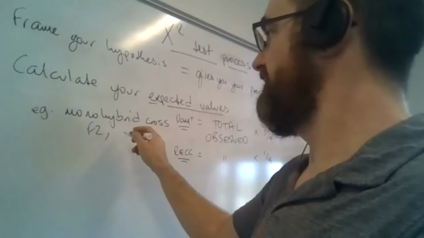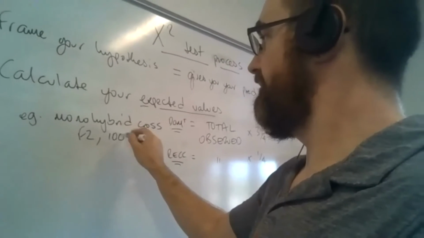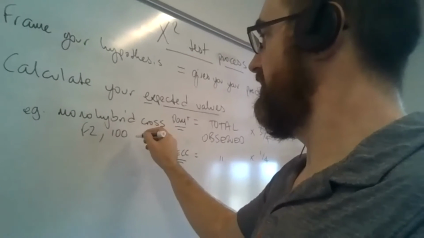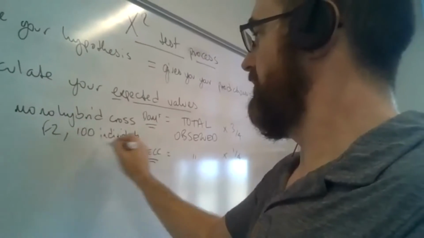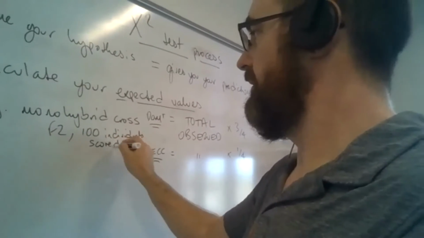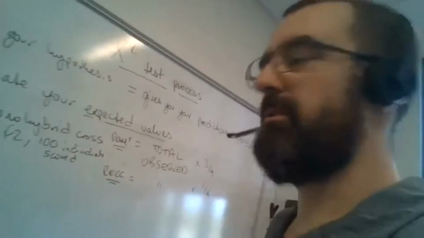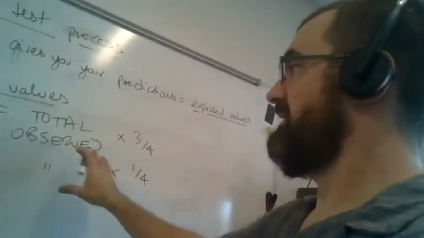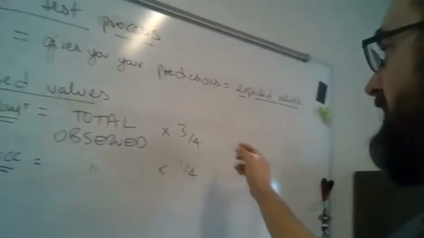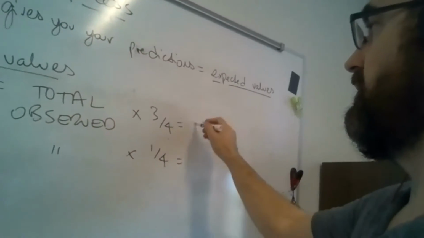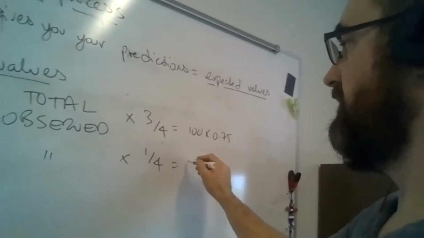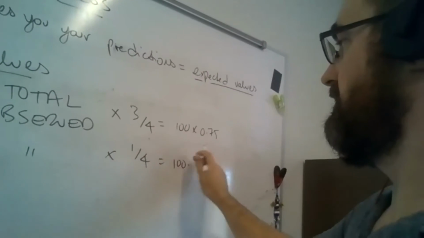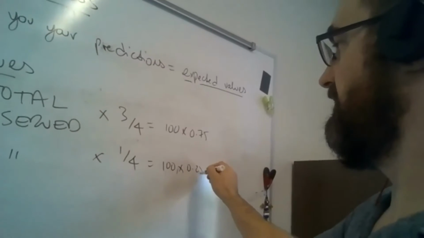F2, let's say 100 individuals scored. Always use round numbers because they're easier to do in your head. Okay, so in this case, our expected values would be 100 times 0.75, 100 times 0.25.